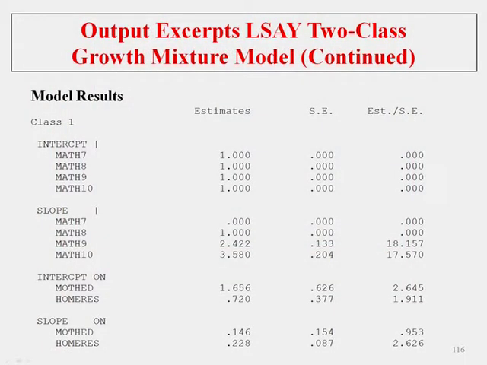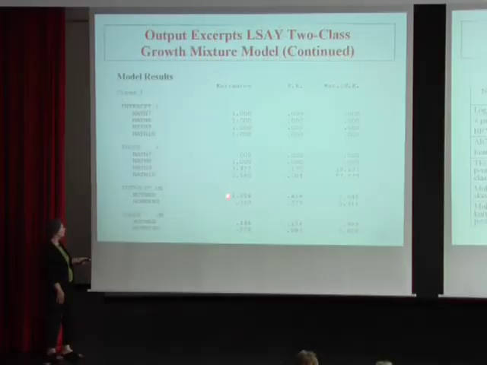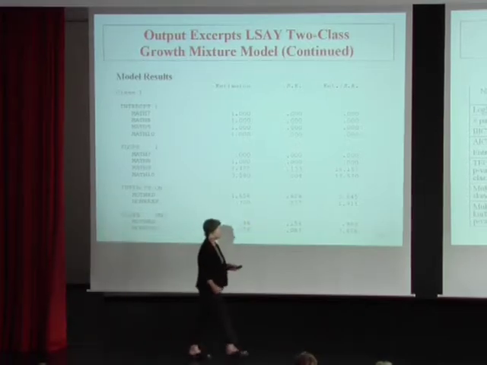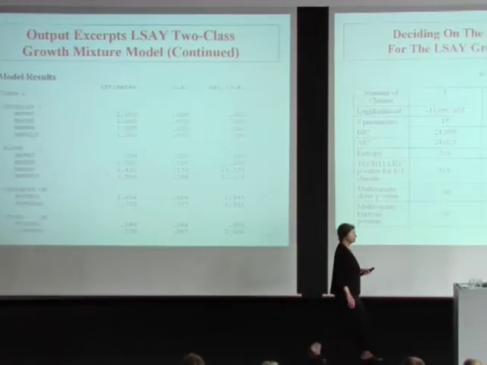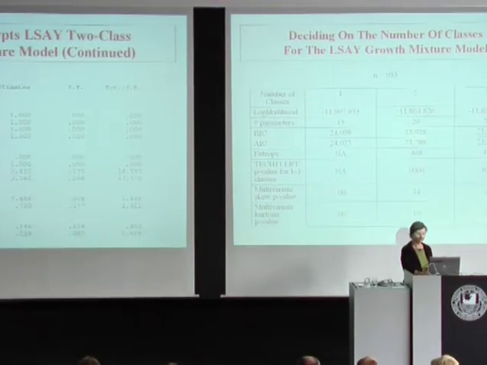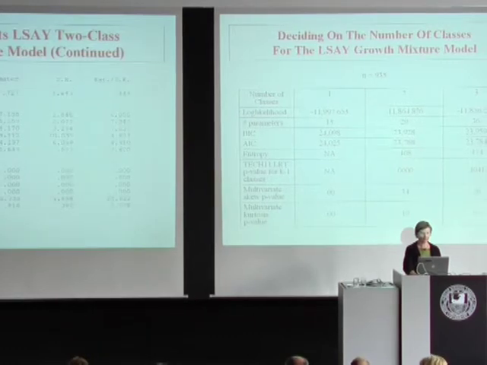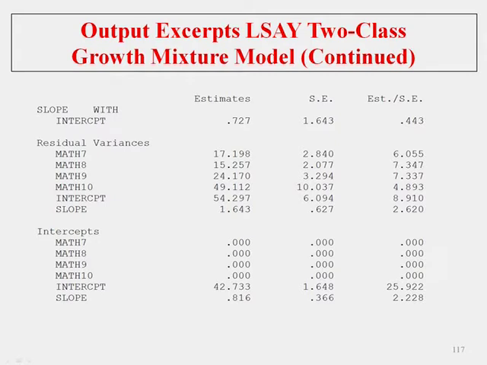And just to mention this, I don't think it ever hurts: these are linear regressions because the intercept and slope growth factors are continuous, so the estimates are linear regression coefficients. Then we show the residual covariance between the intercept and slope growth factors and the residual variances.